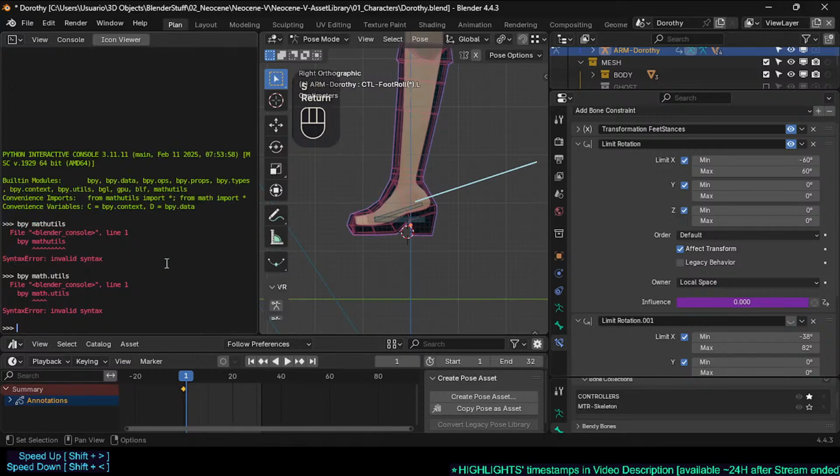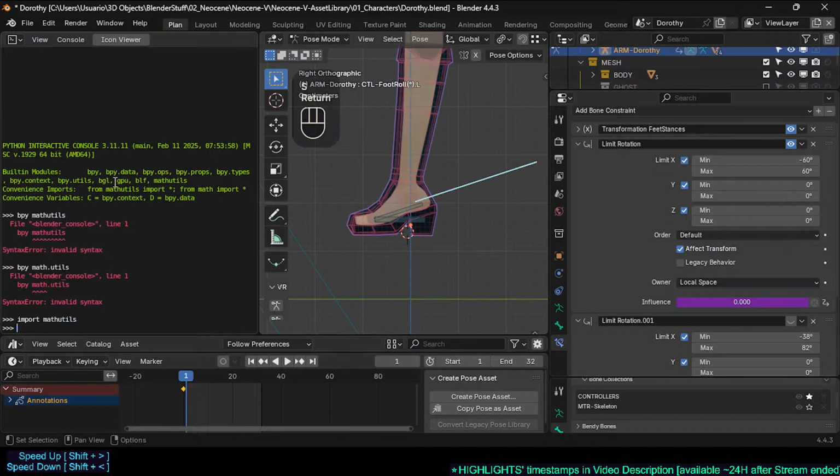No, I don't remember. Maybe it's already there. Okay, hold on. Import, of course. Import bpy, math. There we go. I think that works.